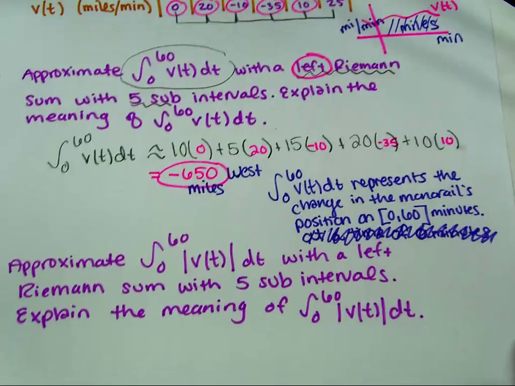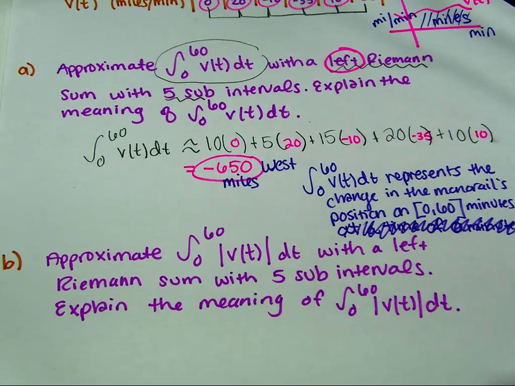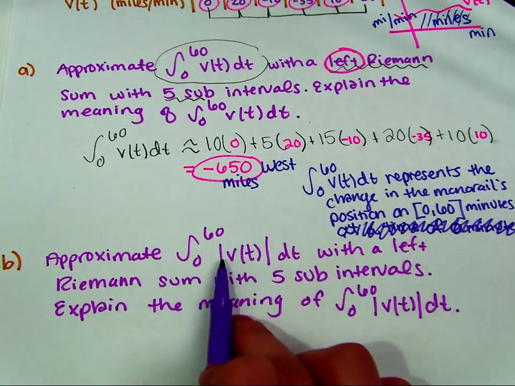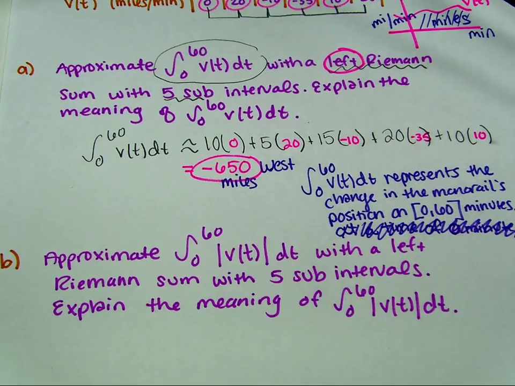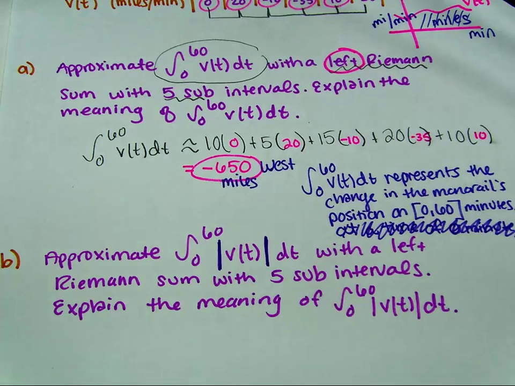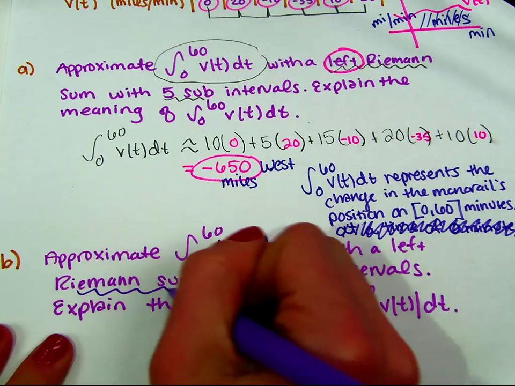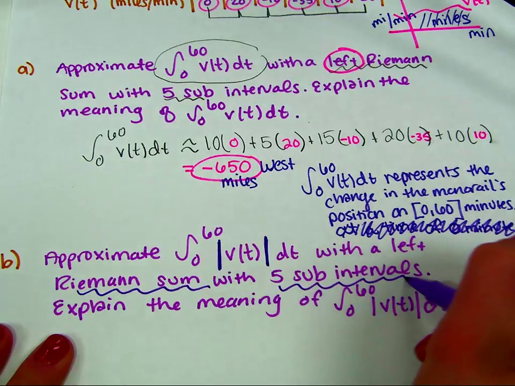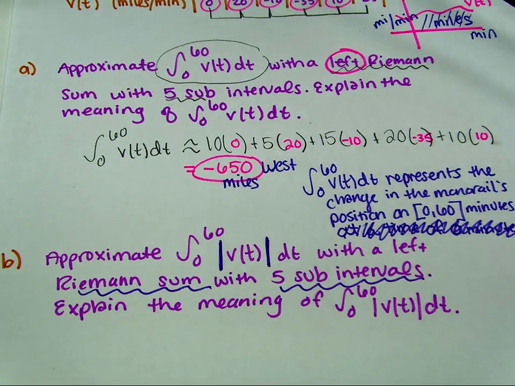All right. Part B, now it says approximate the integral from 0 to 60 of the absolute value of v of t dt. You guys know absolute value really just means total area we're talking about. So maybe really emphasize that we're talking about total area, that when we do that Riemann sum, we're still supposed to use a Riemann sum with 5 sub-intervals. We're really supposed to think about all the area being positive.